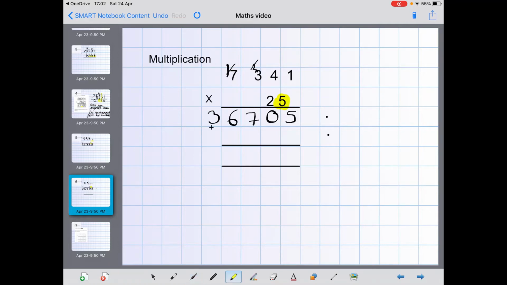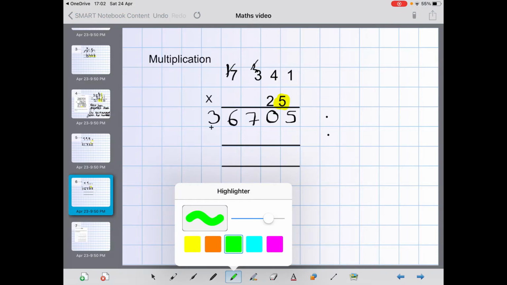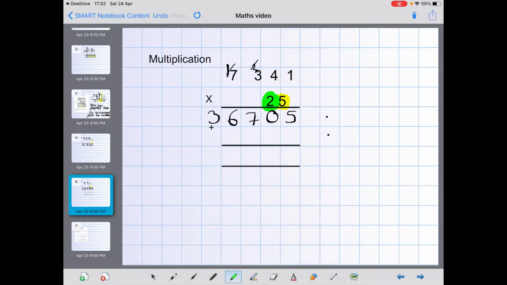Now, because I am now multiplying by tens, I need to remember to pop in my placeholder. When multiplying by 10, you will never have any ones as a response, because if you ever multiply a number by 10, you will always end up with something ending with 0.